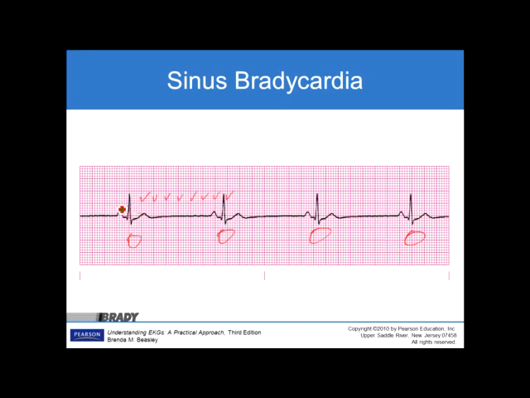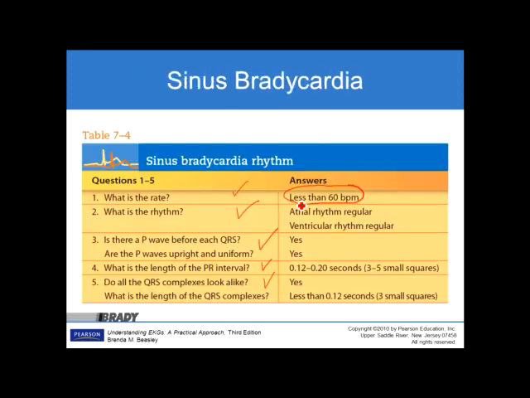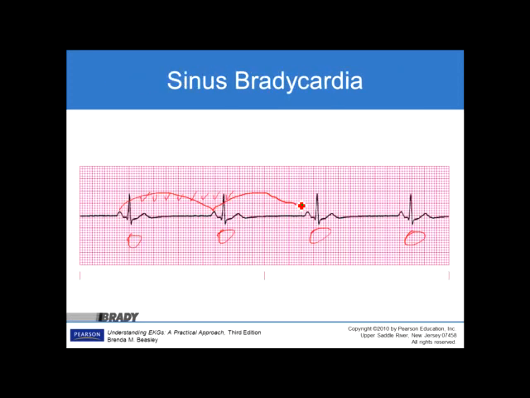What is the rhythm is the next step. Do all of the P waves look like they're rhythmic? And the answer to that is yes, they do. And then the next question after that, do all the ventricular rates look rhythmic as well? And it does as well.